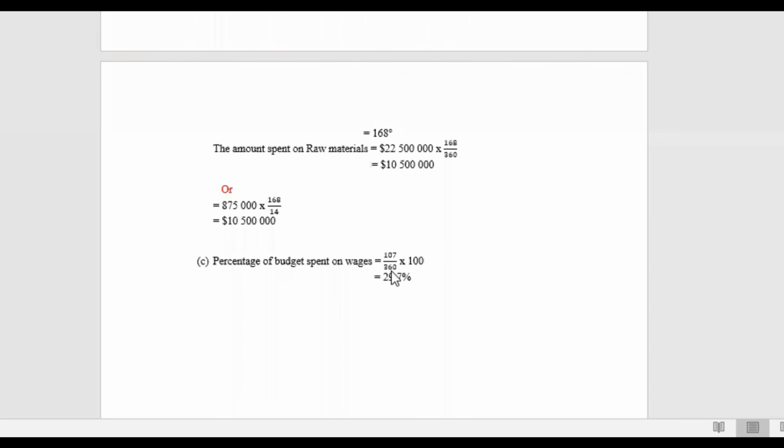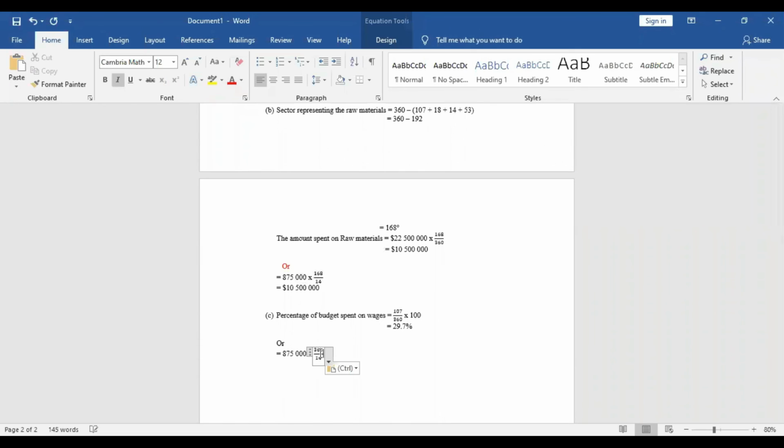Now there's another way you could have done this as well. Instead of taking the degree divided by 360 multiplied by 100, you could have found the budget for wages first. How you do that is, just like we did here, you take the 875,000, but instead of having 360 at the bottom, you would have 107 degrees here.